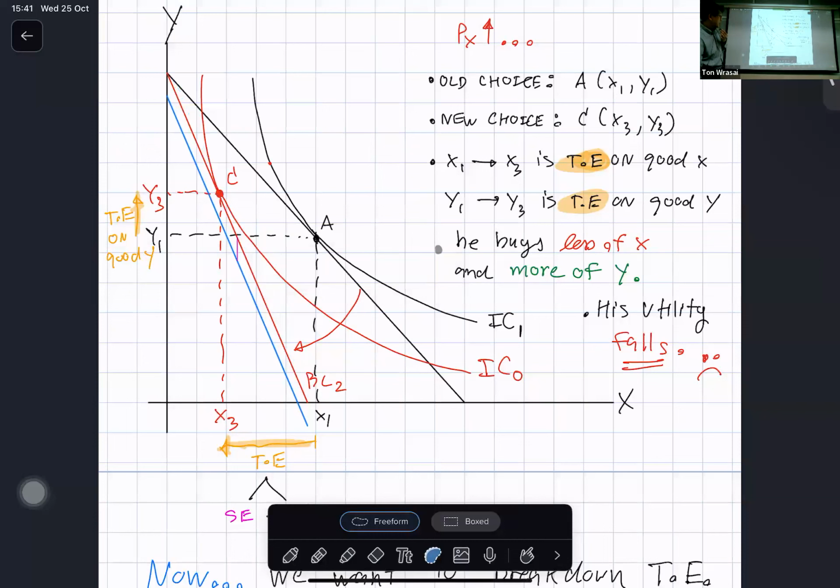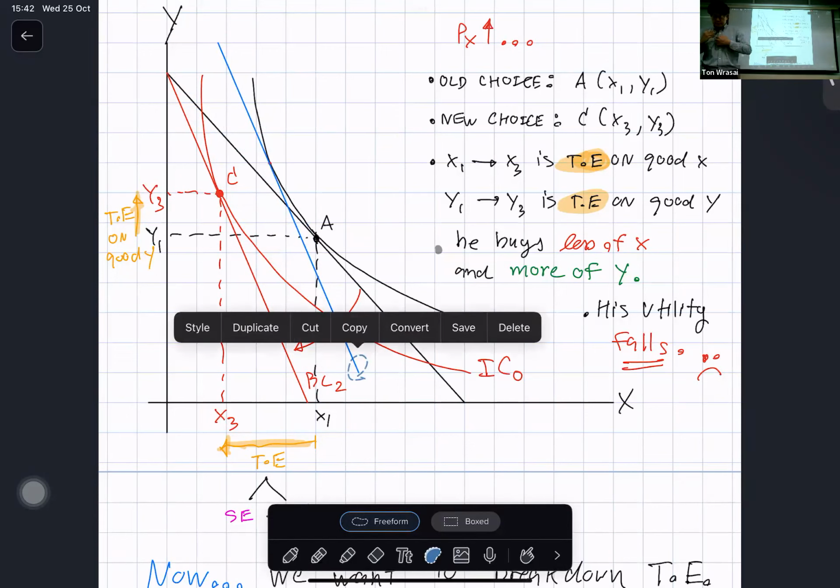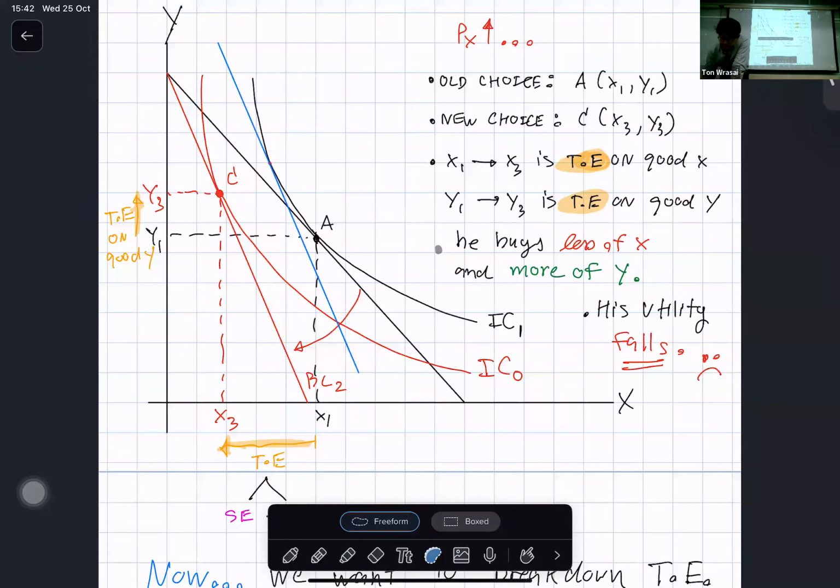Okay, we are ready. Create the line here, parallel with the red, and bring it to touch the original indifferent curve. Basically, you just slide it back until it touches somewhere. Okay. Job done.